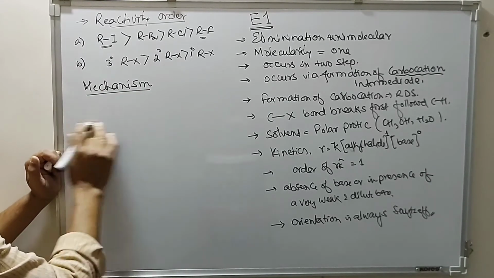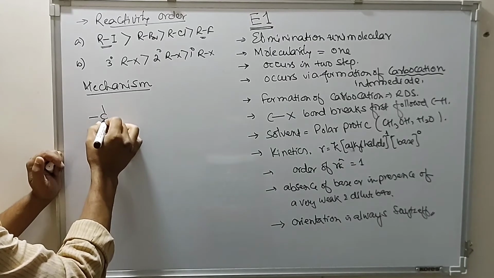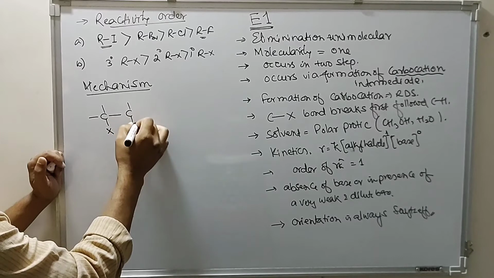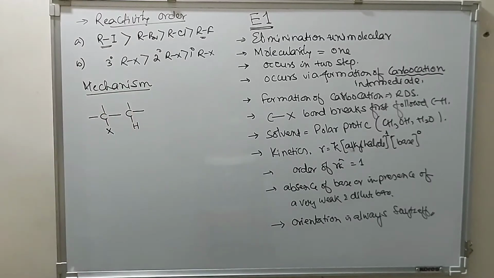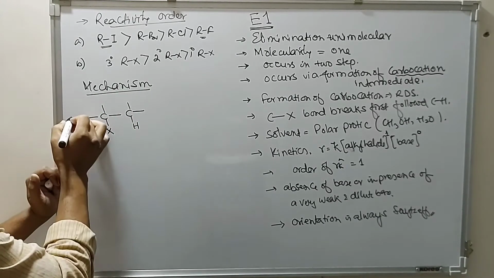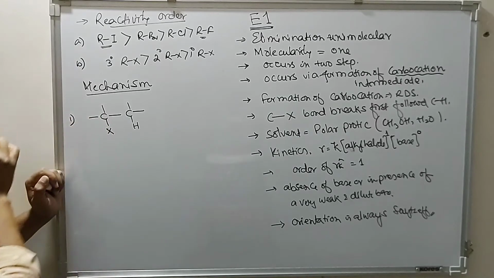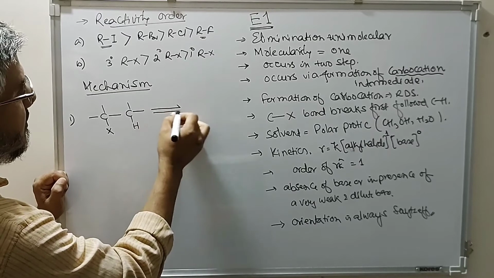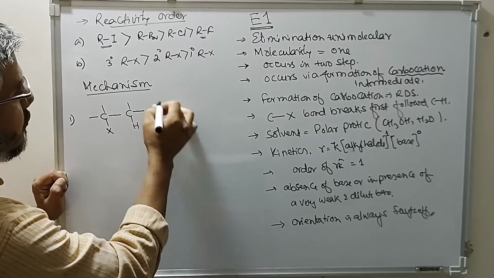So we have looked at this. This is the alkyl halide. The first step of this reaction is the rate determining step, which is an equilibrium step.